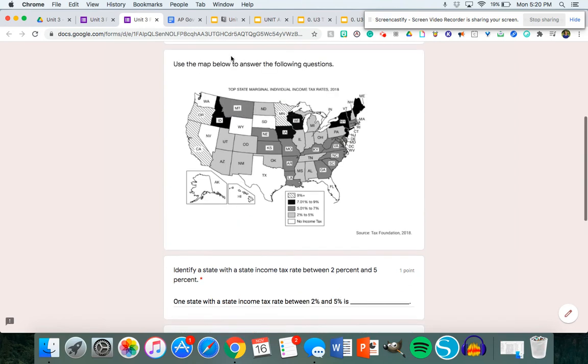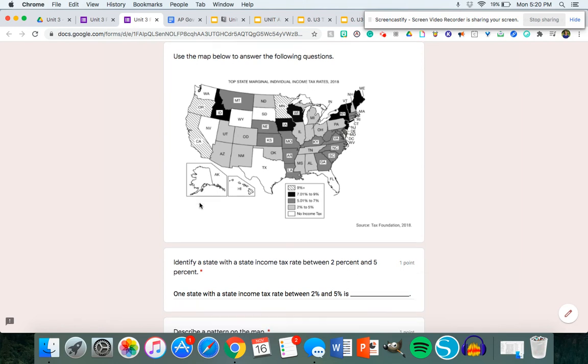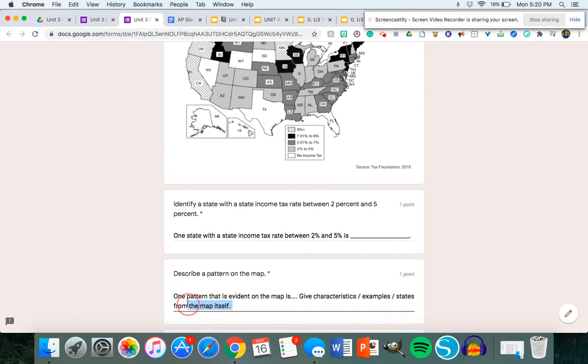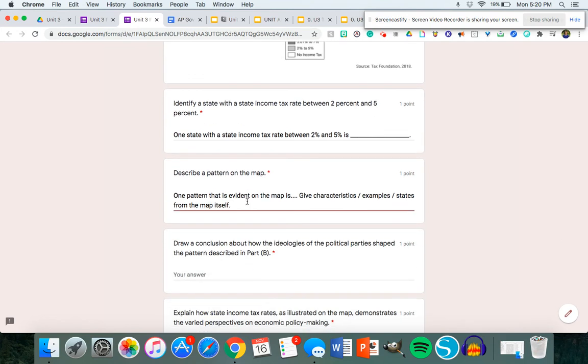If your trend is somewhere in the West, for example, I'm not saying that this is an answer, but I would use specific states where you see that pattern. I would talk about what the income tax rate is for your specific pattern. Make sure you're always giving key characteristics.